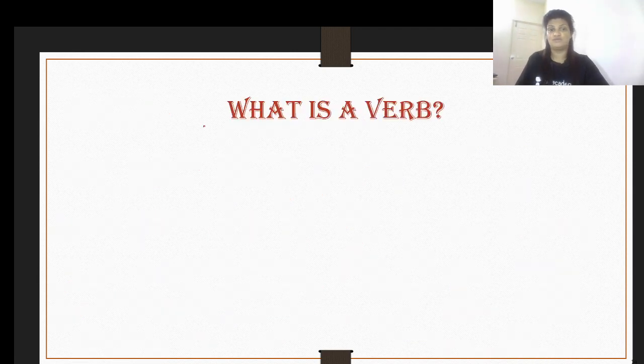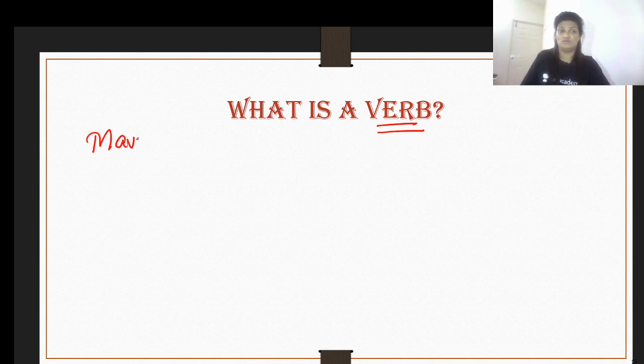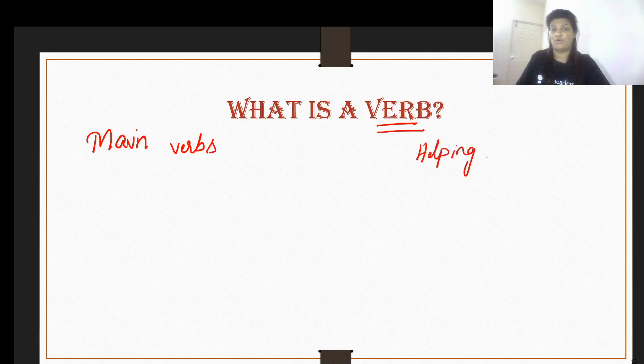Now let us move on to knowing the verb. What is a verb? A verb is a word that denotes the action, or the action which is mentioned in the statement is referred to as the verb. Now, these verbs are divided into two: main verbs and helping verbs or auxiliaries.